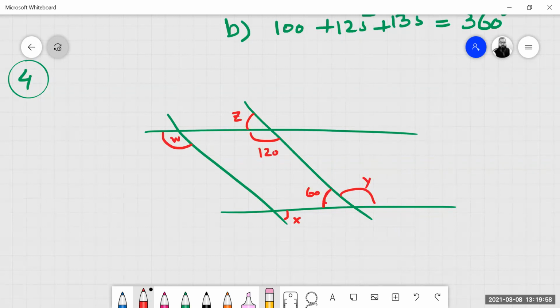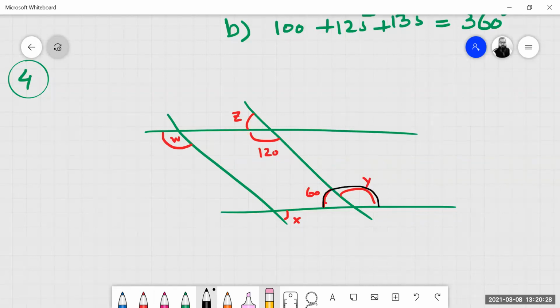Now, can anyone tell me the value of Y? 60 plus 120. From here to here, all is 180.